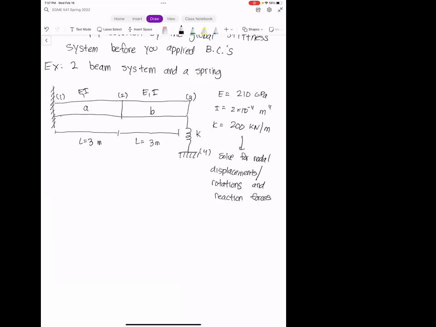But you can see we've taken the spring and rotated it 90 degrees, such that when the spring displaces along its axial direction, that actually matches up with the transverse displacement of the beam. So we're doing a little bit of mixing and matching here, but it's all good because we rotated the spring 90 degrees, and so the displacement of that spring matches up with the displacement of the beam itself.